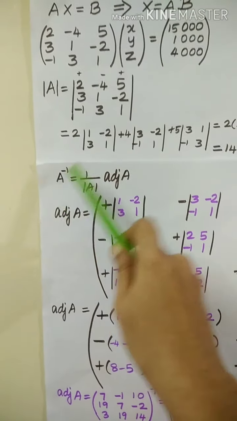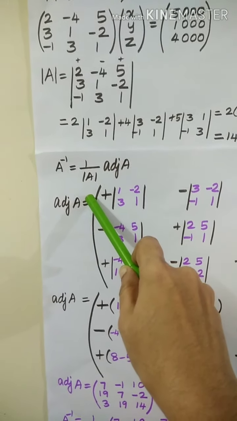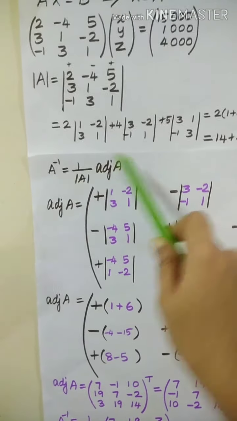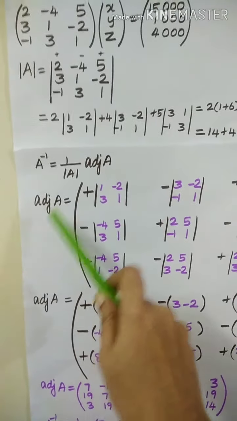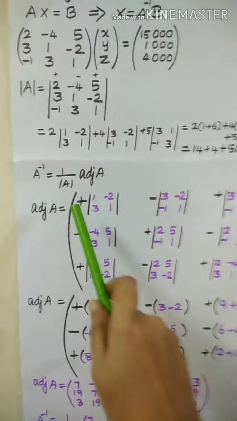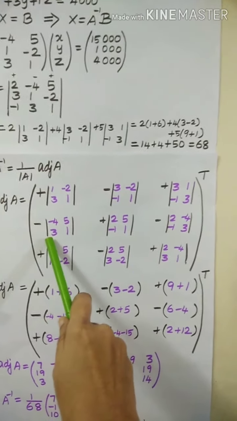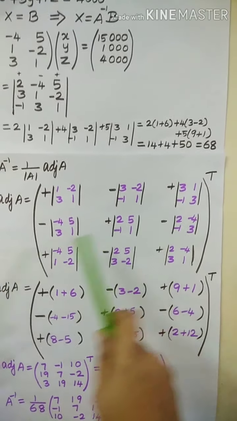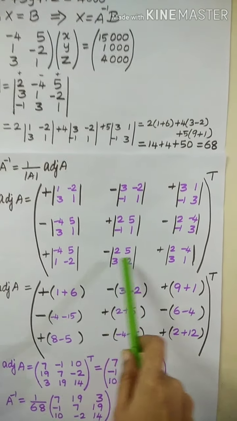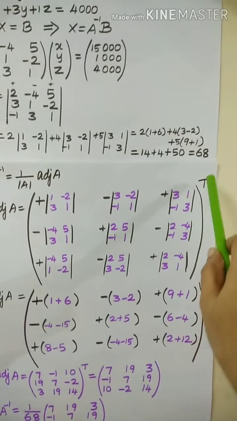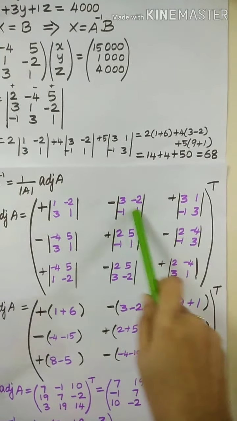A inverse is equal to 1 by determinant A into adjoint A. For writing adjoint, let us remember it's a 3 by 3 matrix. Put the symbols plus, minus, plus. Second row minus, plus, minus. Third row plus, minus, plus. And the whole transpose. How to write these determinants?